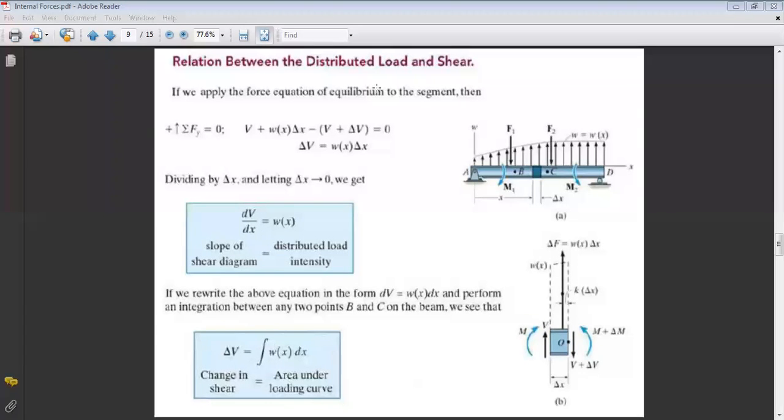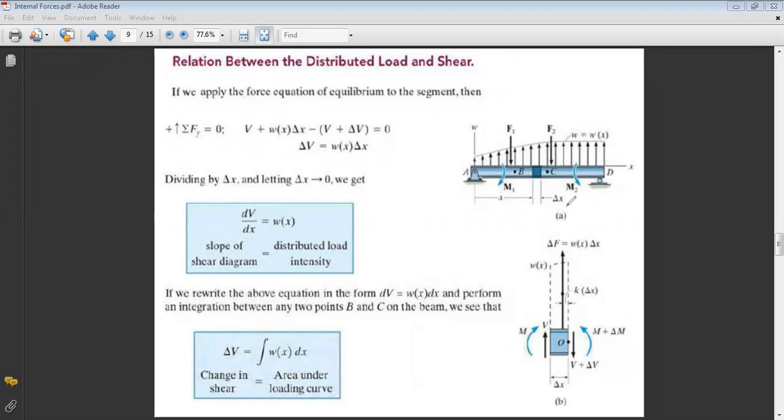So first, we will see that if we have a distributed load, what will happen? To understand what will happen if we have a distributed load on the structure, let us take a very small element. So here, as you can see in this figure, you have a beam subjected to concentrated forces F1, F2, and to a distributed load on part AD, in addition to couples.